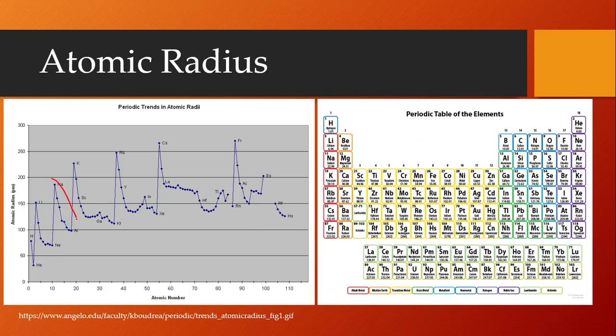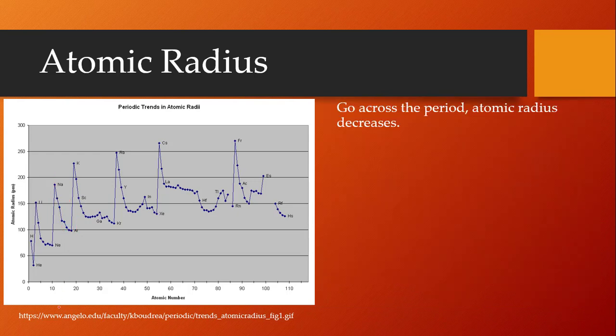Now we start with sodium, down to argon, that's the third period, and so on and so forth. So what you notice is that we start up high and then we go down low. Or put another way, as you go across the period, the atomic radius decreases.